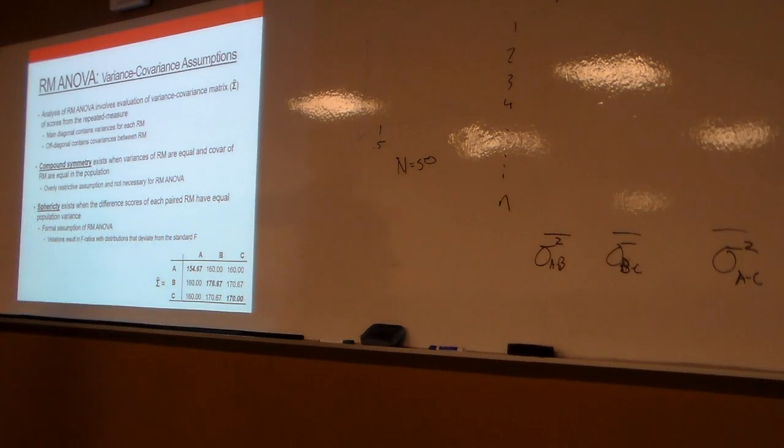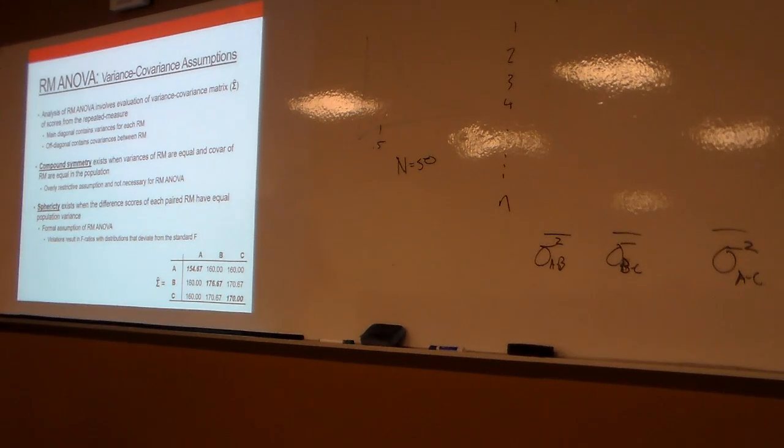If I say the variance is identical across each one of these pairs, then I would say that this matrix meets the assumptions of sphericity. This is a formal assumption of our repeated measures ANOVA.